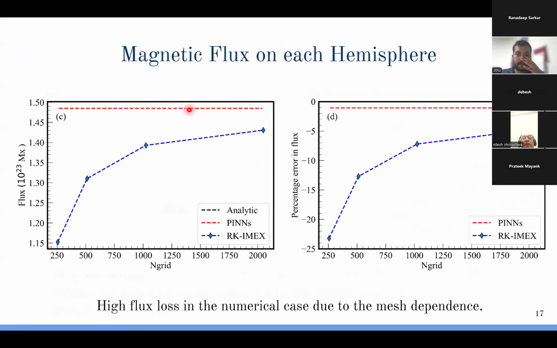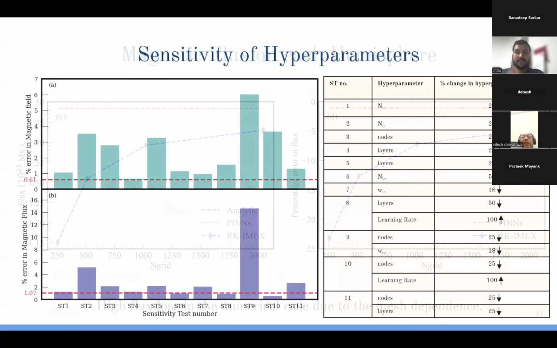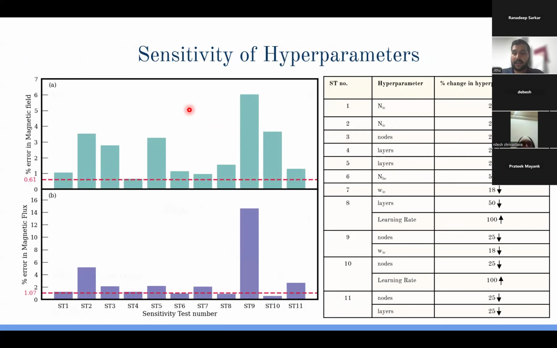Now, once we had understood how PINNs work, we wanted to try it on normal questions. Before that, once we had a numerical setup and a PINN setup, after comparing these two, we wanted to see what happens if we change the parameters of the PINN, because there are many hyperparameters involved. On changing hyperparameters, we found that our optimized system was working well, because whenever you change the hyperparameters from our optimized system, we can see that the errors are increasing.